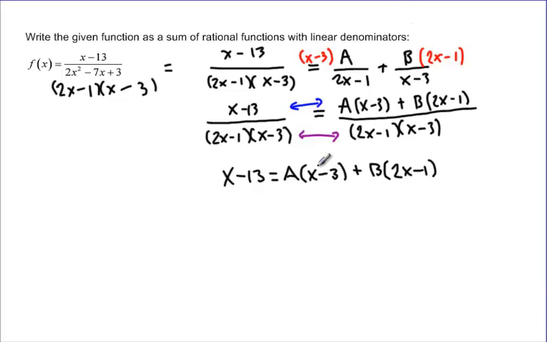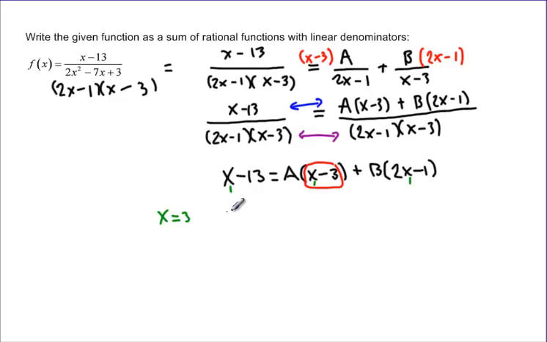Okay? And the easiest way to do this is to just ask yourself, all right, if I look right here in this spot, what value of x will make A zero? And so the answer you should come to is x equals 3. And the reason we like that is because if this guy's a 3, this guy's a 3, and this guy's a 3, then my middle term, that A term, completely goes away and the only variable left is B. Check it out.